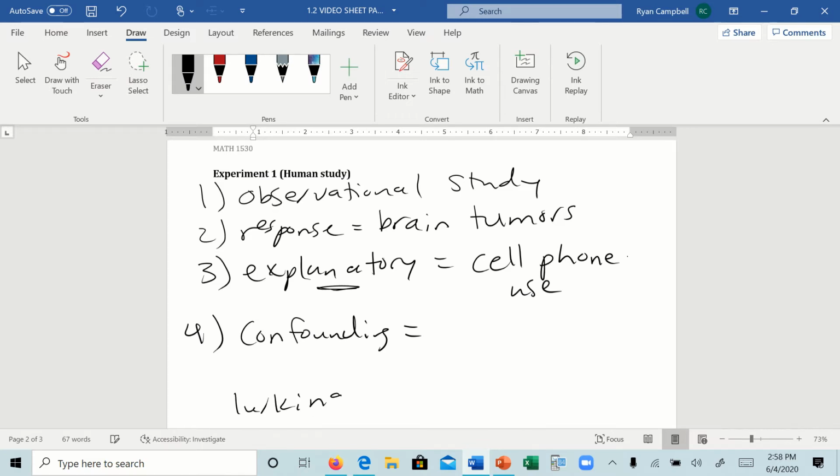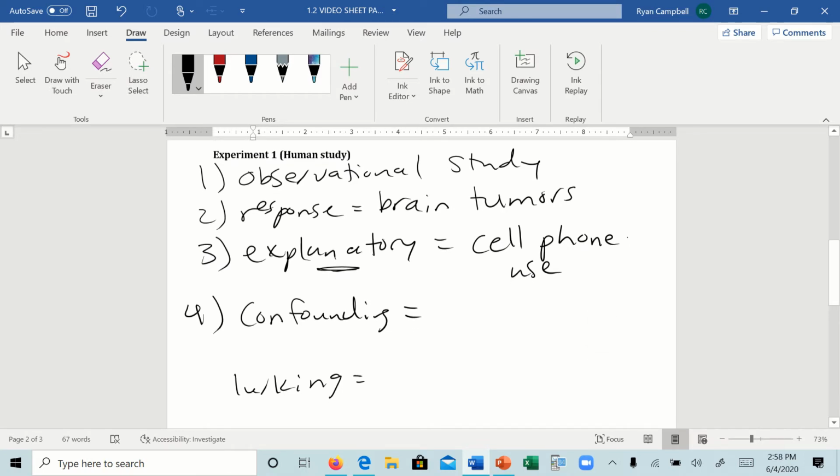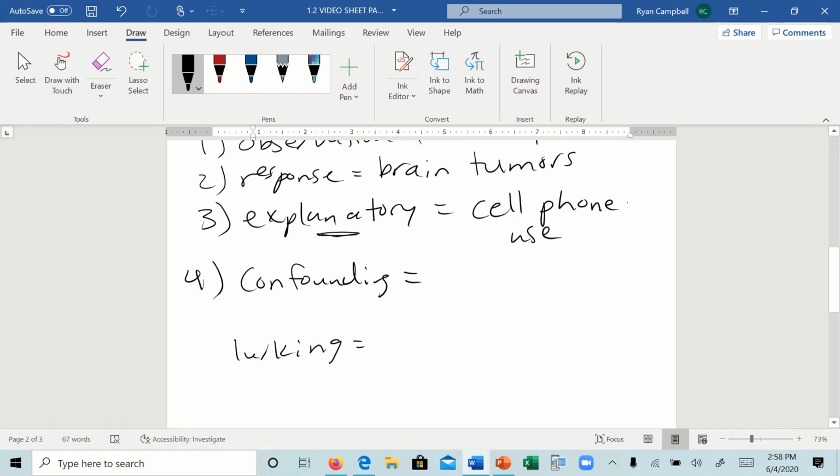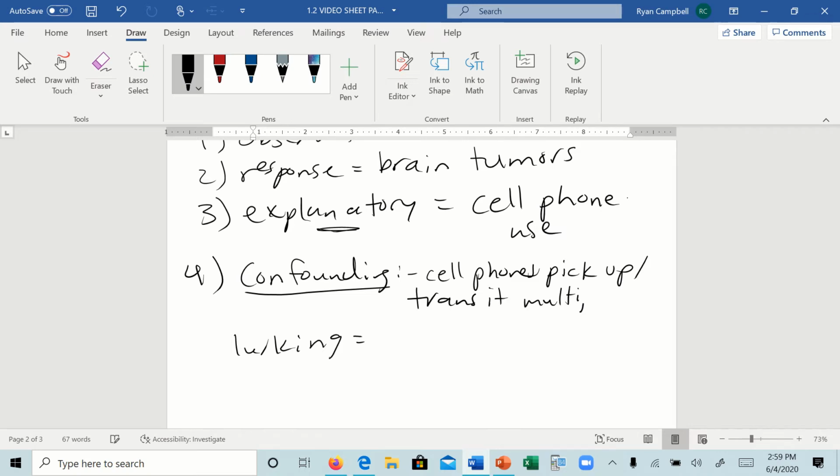So again, these are kind of things you just have to think about. Obviously, it's specifically things that are missing from the experiment, so they're not going to be telling you what these are. Some things that I thought of. So for confounding, I could see maybe if cell phones pick up and transmit multiple signals that you can't distinguish from each other.